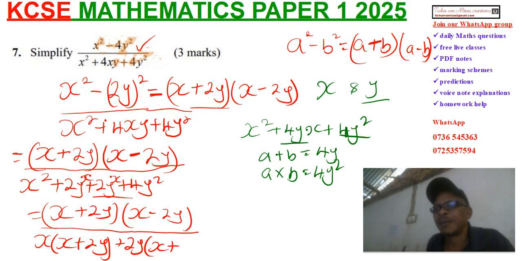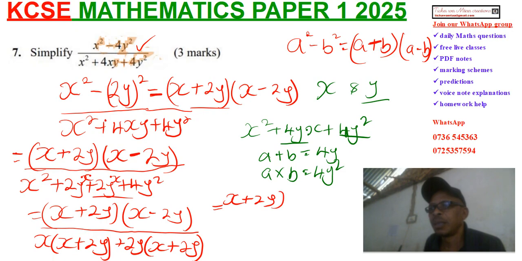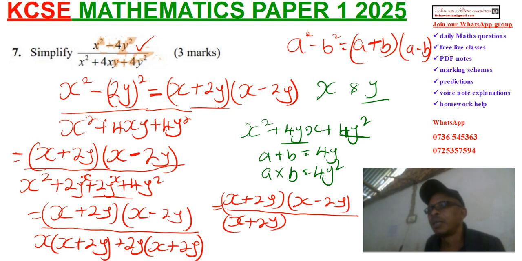When you combine this, you get x plus 2y and x plus 2y. Over the numerator, we have x plus 2y and x minus 2y.